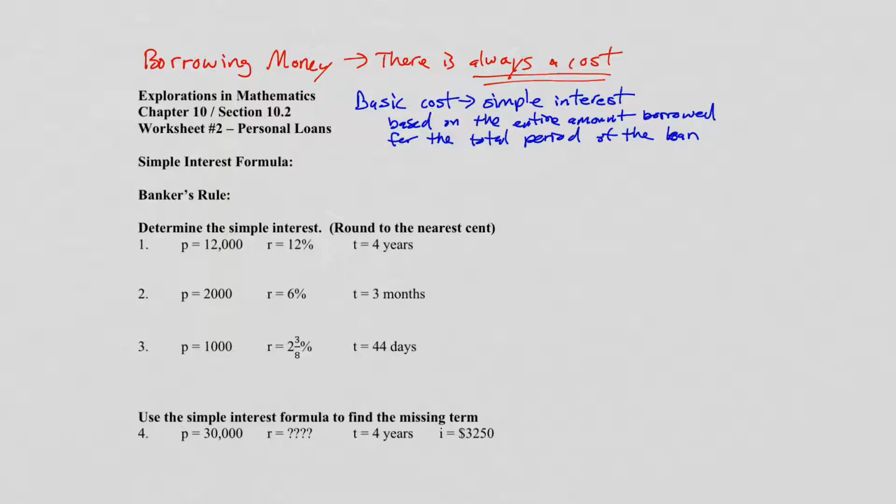Okay. So we'll see how this differs from a more complicated calculation in compound interest. So it's just considering the whole amount that you're borrowing and giving you a rate for the entire time.